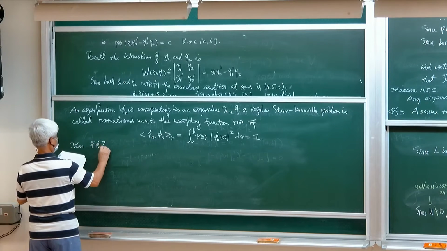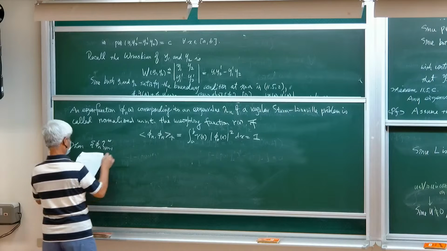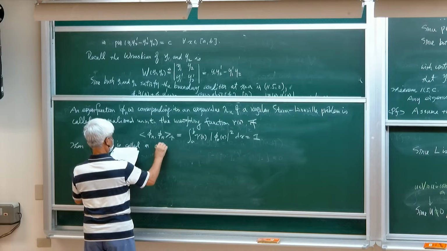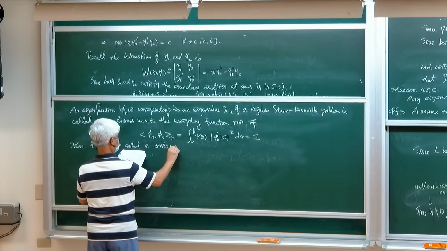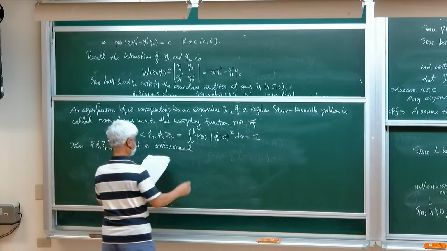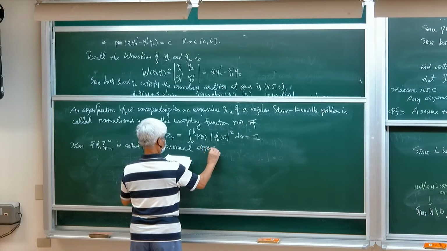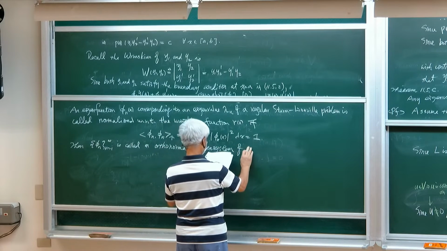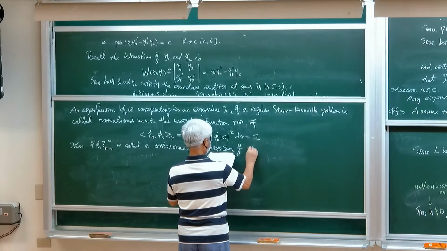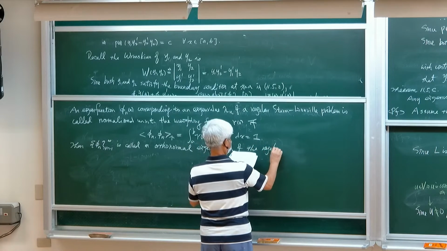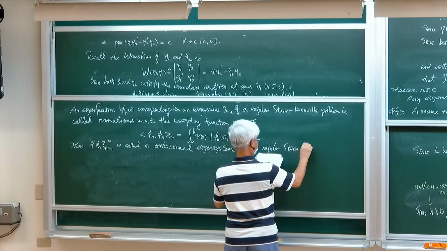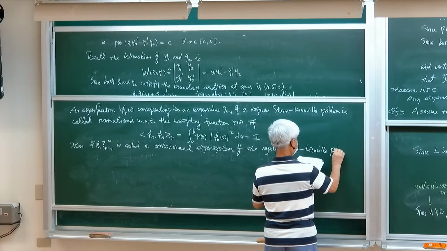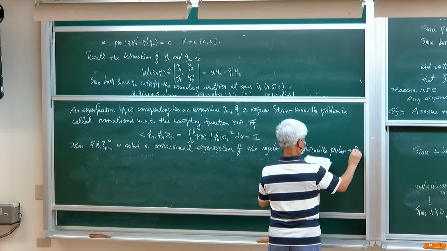All right, so then phi n, n from 1 to infinity, is called an orthonormal eigensystem of the regular Sturm-Liouville problem on AB.